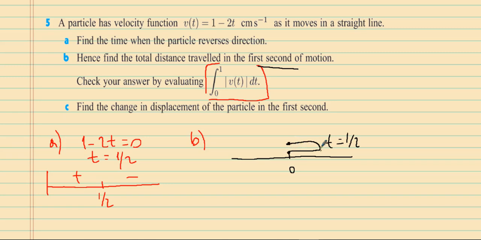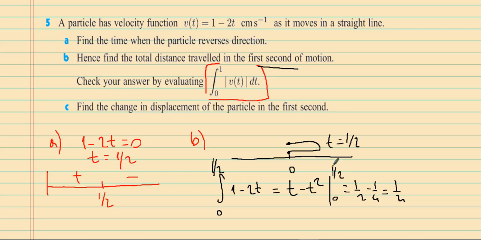We calculate the distance traveled by going from 0 to 1/2 and multiplying by 2. The integral of 1 minus 2t is t minus t squared between 0 and 1/2, which is 1/2 minus 1/4, giving 1/4. So this distance is 1/4, and if we double it, the distance traveled is 1/2.